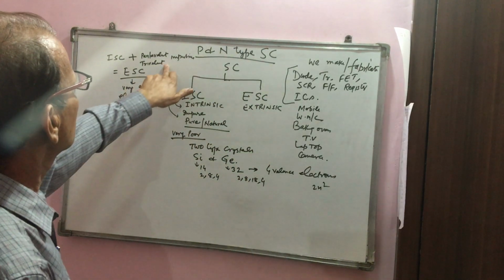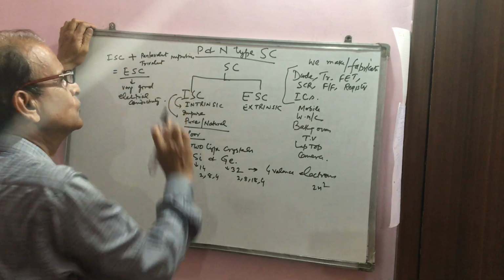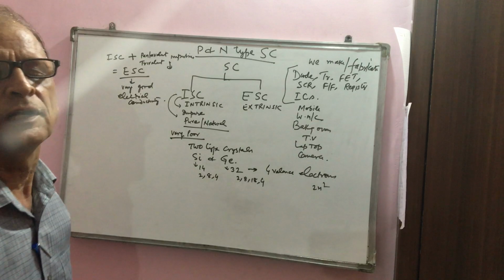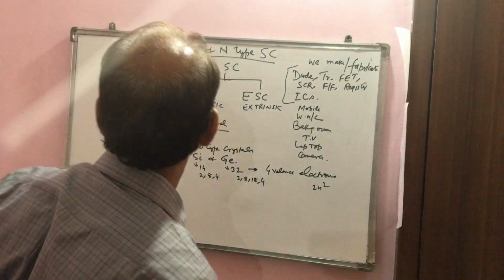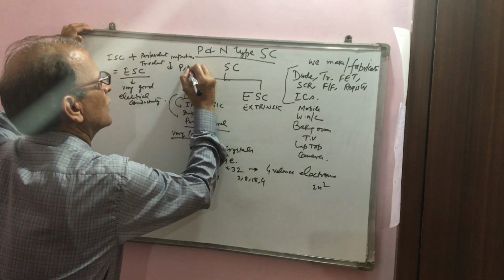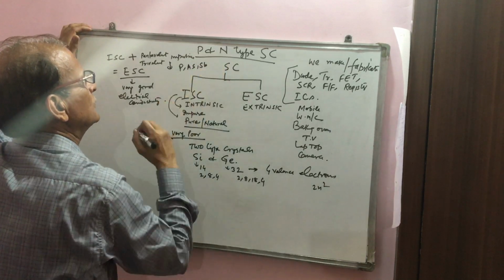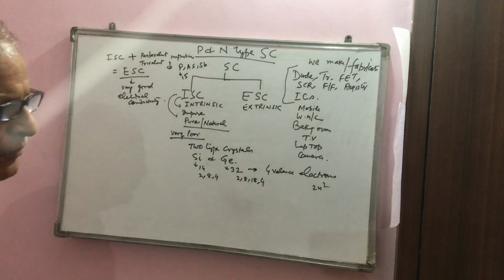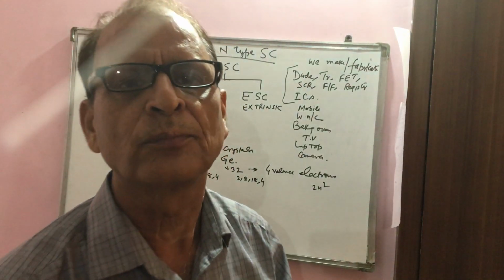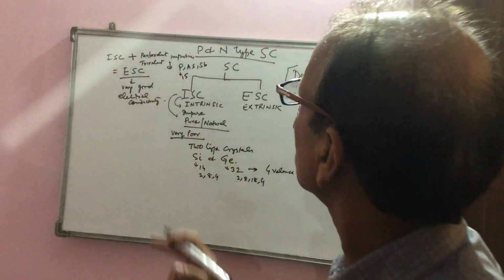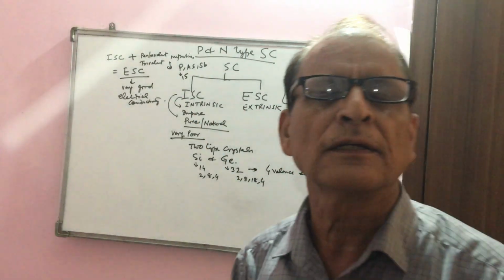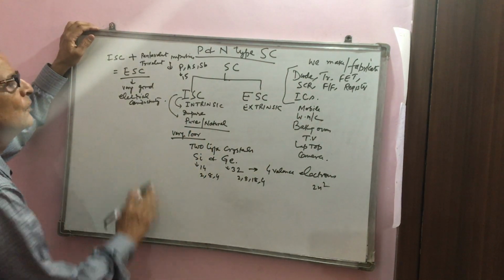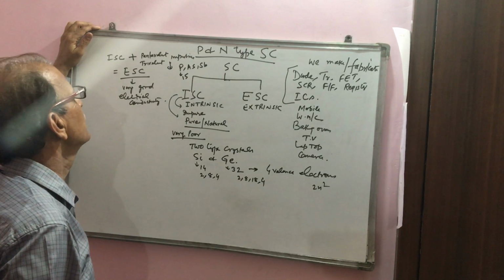The pentavalent impurities are those impurities which have 5 valence electrons, 5 electrons in the outermost orbit. Example: phosphorus, arsenic, antimony. Atomic number of phosphorus is 15. When we add pentavalent impurities in the intrinsic, or we can say pure or natural semiconductor, we will get an N-type semiconductor.